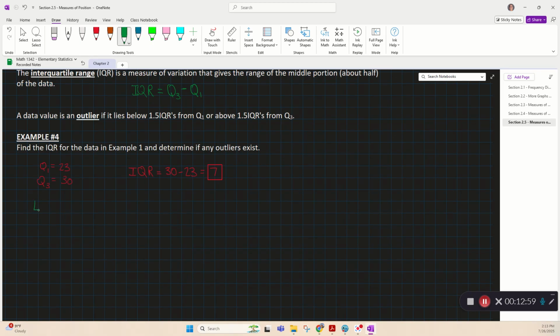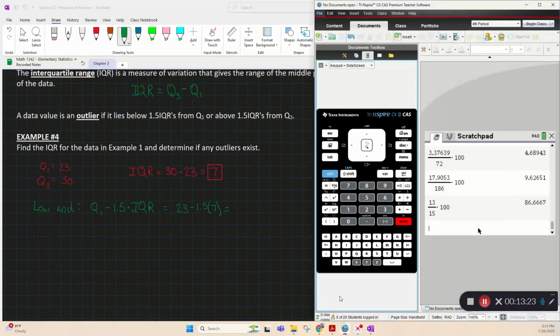So on the low end, we need to do Q1 minus 1.5 times the IQR. So Q1 is 23 minus 1.5 times 7. Let's see what that would give us. 23 minus 1.5 times 7 is 12.5.